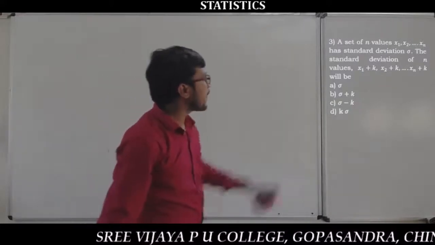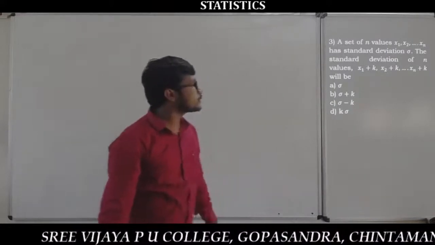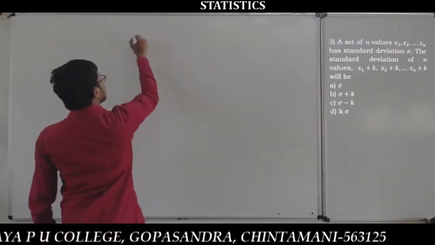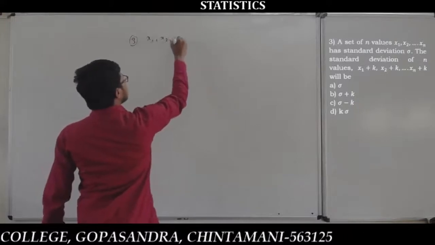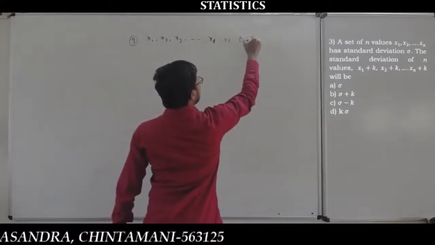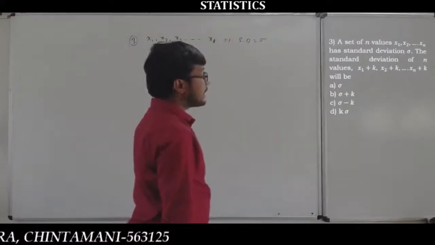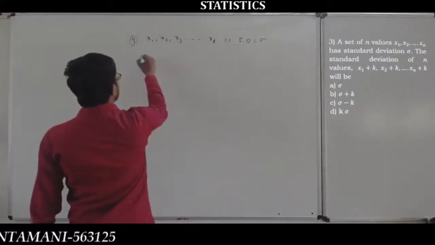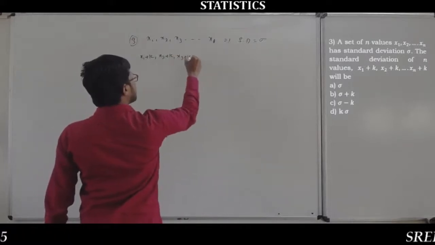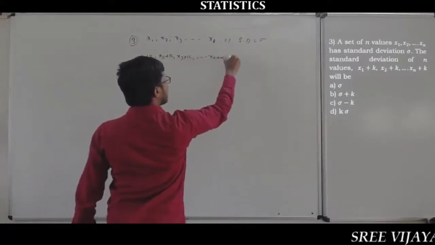A set of n values x1, x2, and so on up to xn has a standard deviation sigma. What is the standard deviation of the n values x1 plus k, x2 plus k, x3 plus k, and so on up to xn plus k?